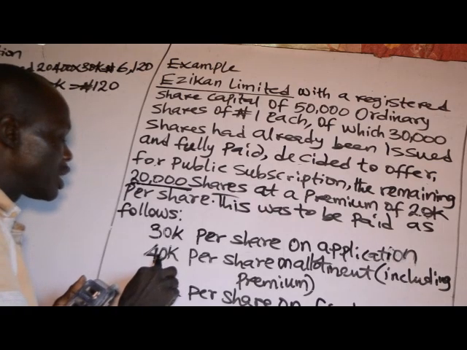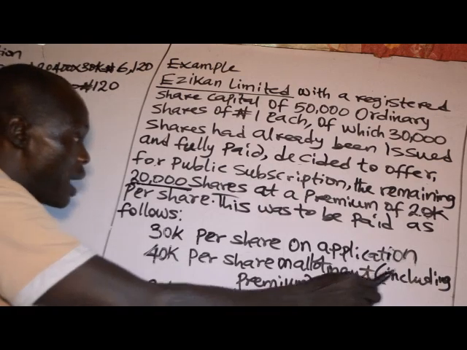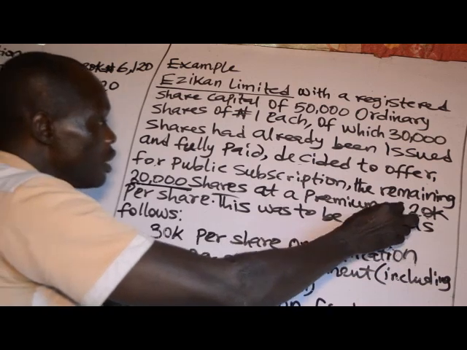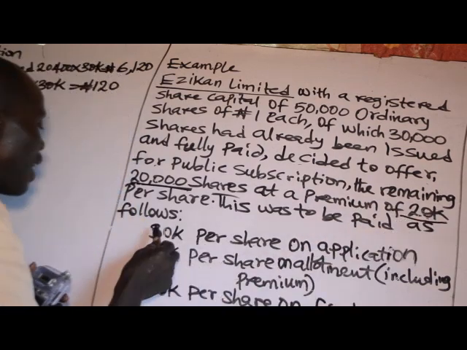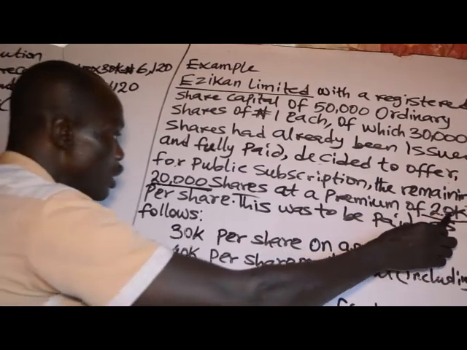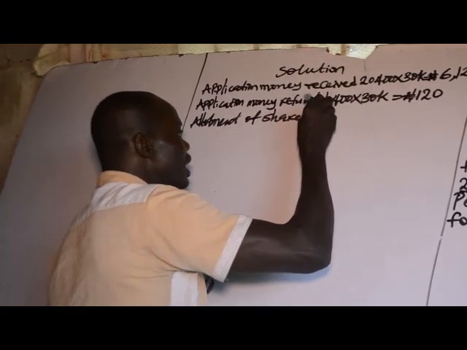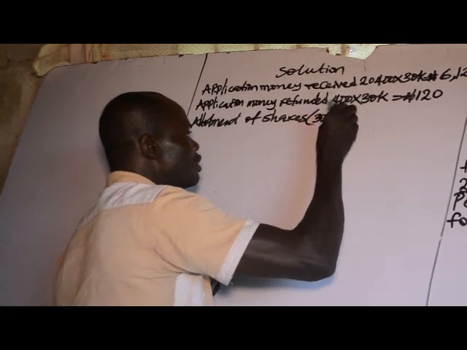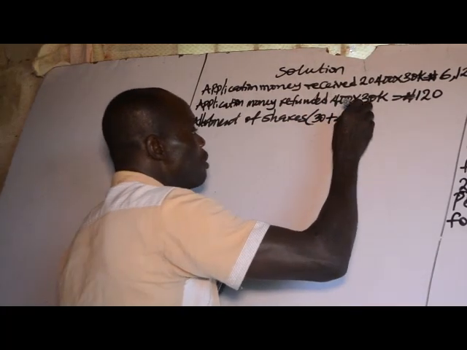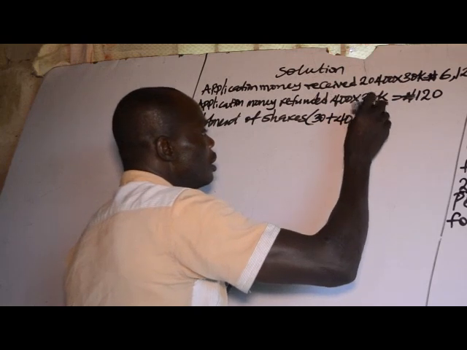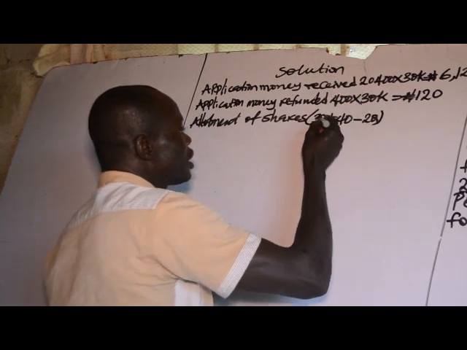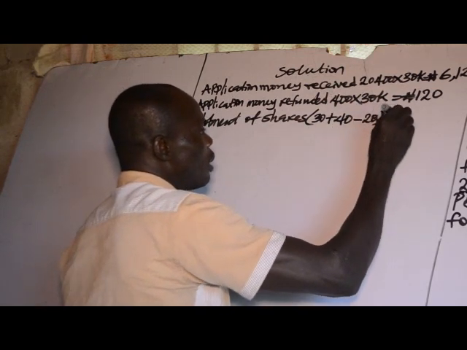This 40 kobo received during allotment includes the premium, and the premium on this share is 20 kobo. So we have 30 plus 40 minus 20. That is 30 kobo during application plus 40 kobo received during allotment minus the premium, which is 20 kobo. So that gives us 70 minus 20, 50 kobo.